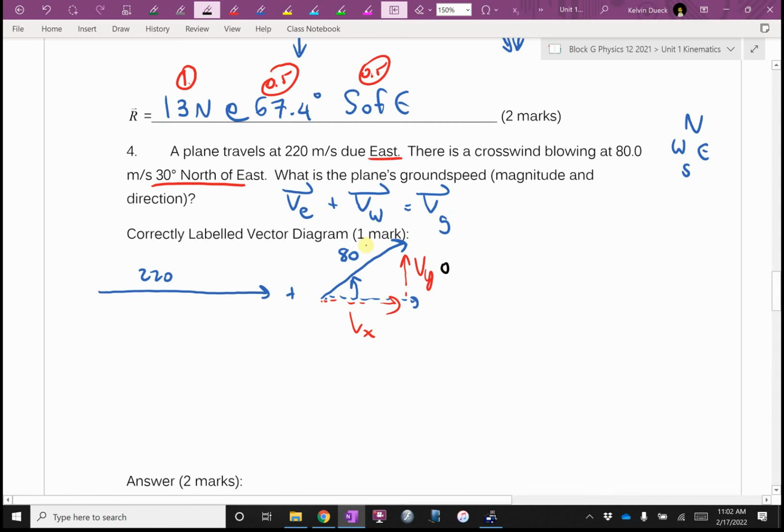I think opposite over hypotenuse. I think Vy ends up being 80 sine 30. I think Vy ends up being 40 exactly. Is that right? And Vx ends up being 80 cos 30.